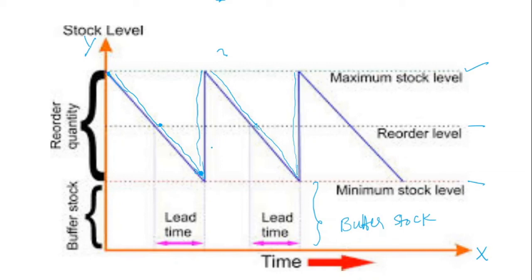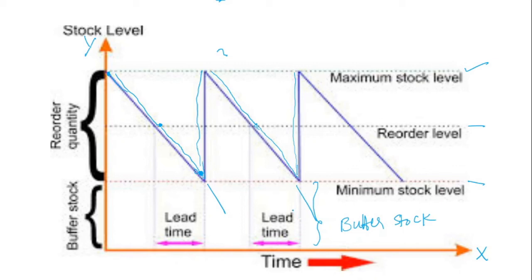Sometimes, between the time when we give a fresh order and when we receive the raw material, if this period is more, then what happens? The raw material position decreases down to the minimum stock level.